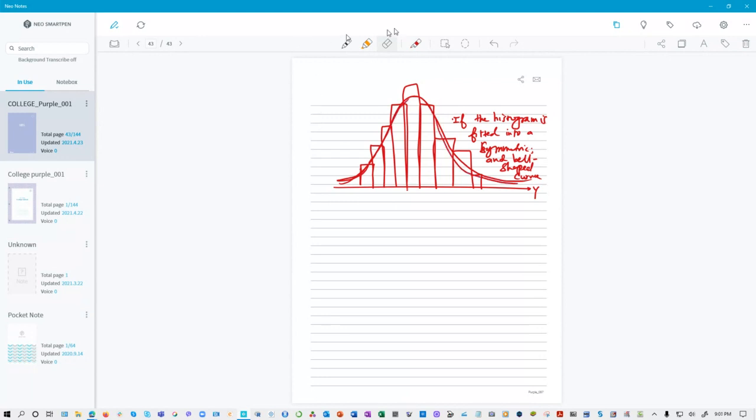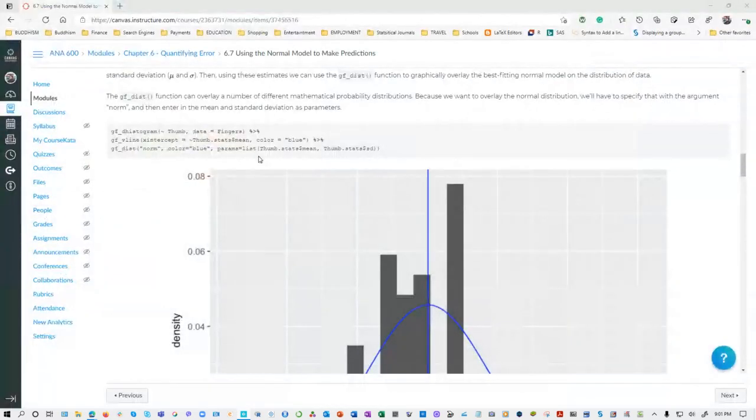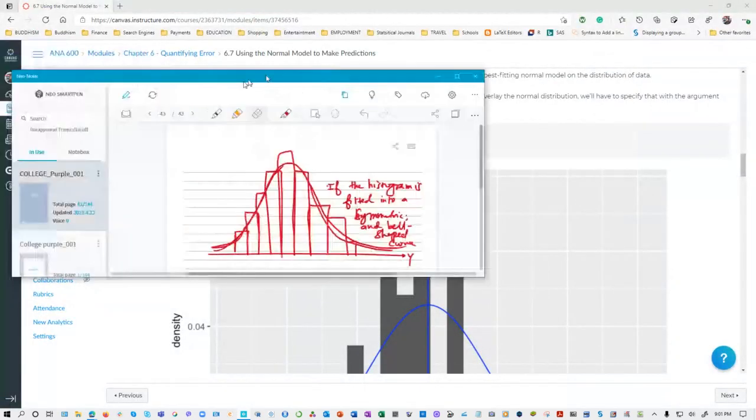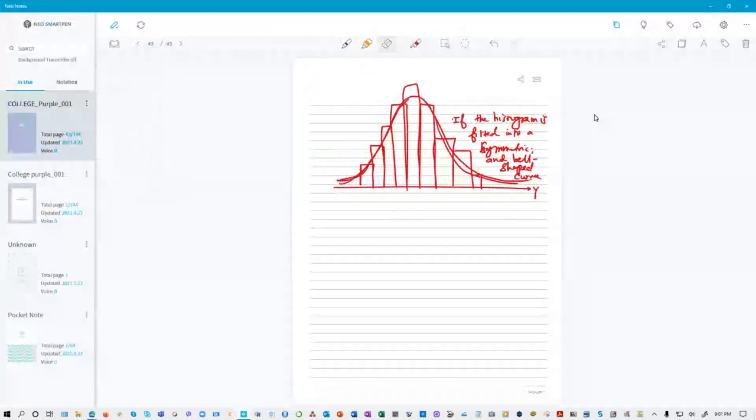See, that's what they were trying to do. You really need to talk about this. If the histogram is fitted into this distribution, you must provide the symmetric bell-shaped smooth curve.